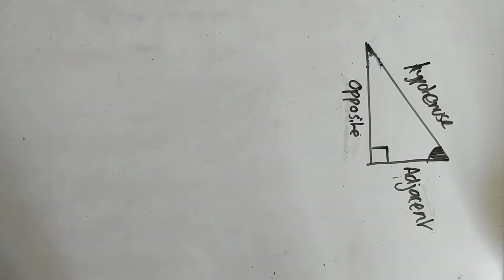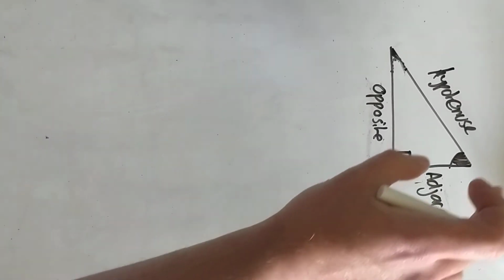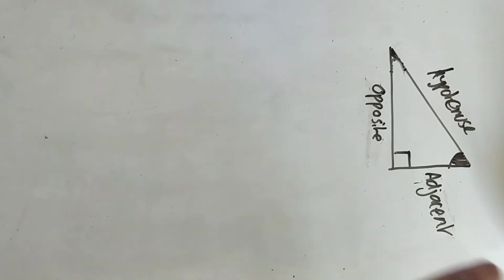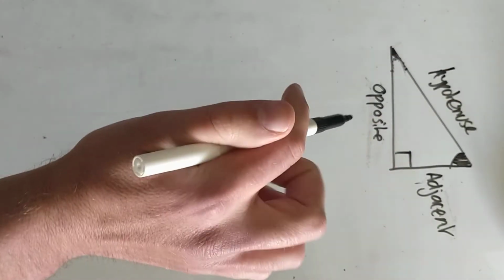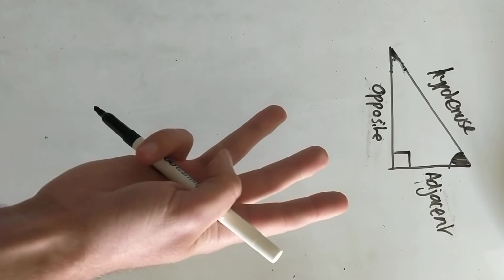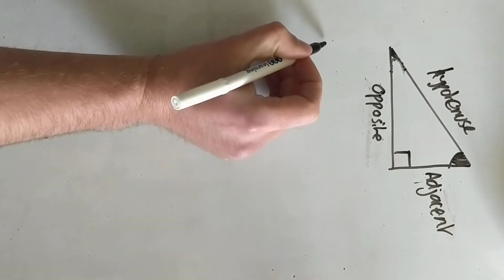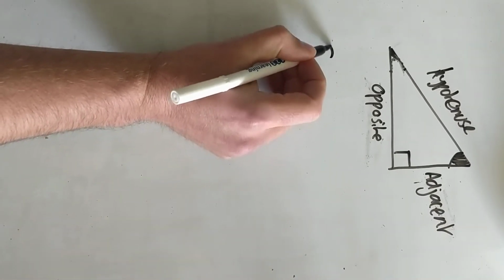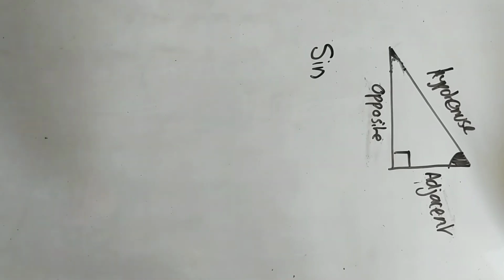Now, when you're relating these three lengths and the angles within, there are three different ratios that you need to remember. The first ratio is the sine ratio.